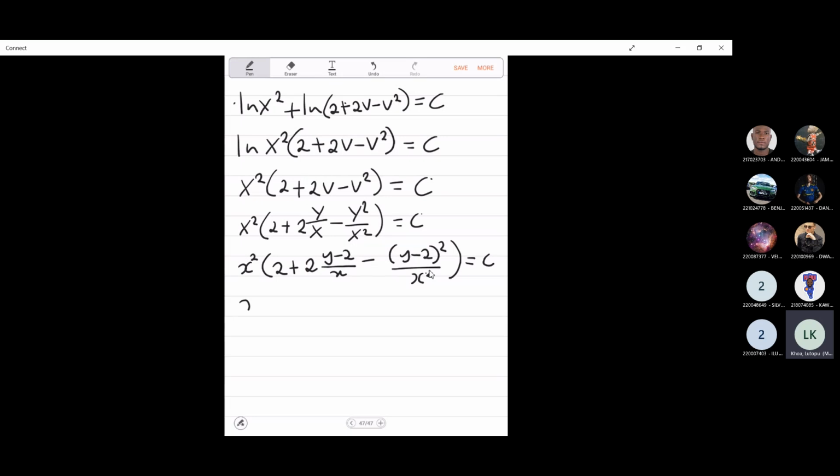Okay, and you can even multiply out the brackets. We have 2x squared plus 2xy minus 4x minus y minus 2 squared. This is equal to c.